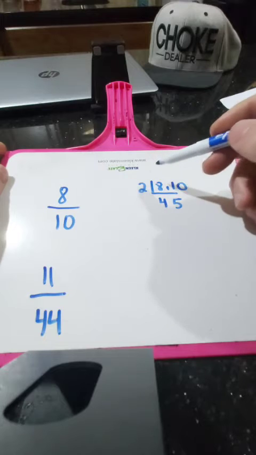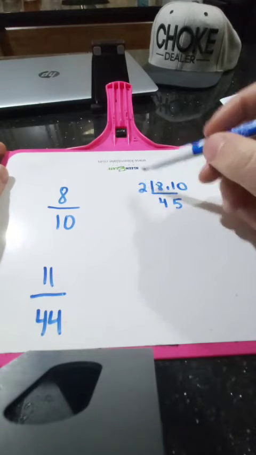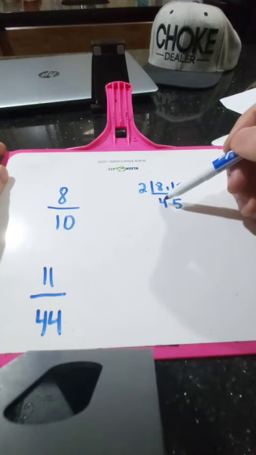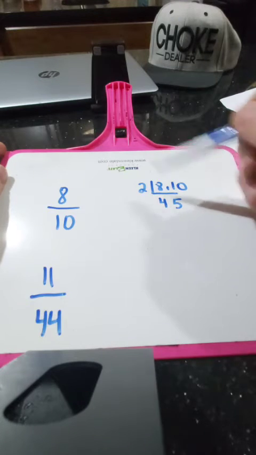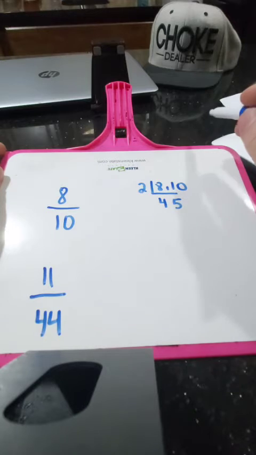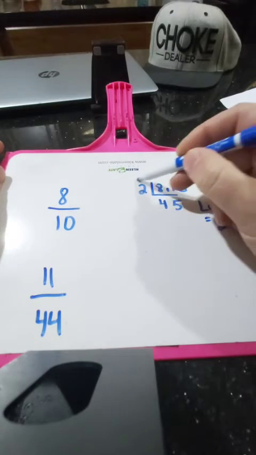Okay, so that tells us that 2 is our lowest common factor that we need to use to reduce this, and that also tells us that 2 times 4 is 8, 8 times 5 is 40. So 40 is the lowest number that both of these numbers can go into, but that's the greatest common factor. We're not worried about that. What we want is the LCM, which in this case equals 2. Okay?